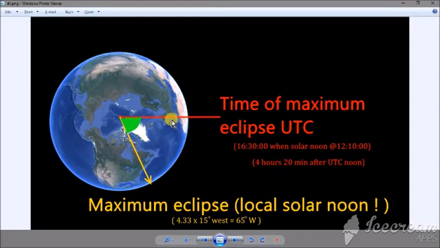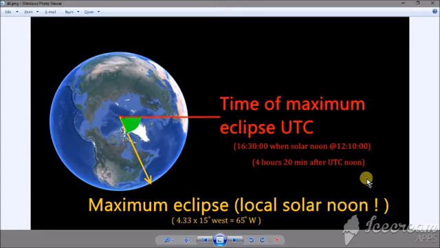That means the Earth rotated by this much: 4.33 hours multiplied by 15 degrees, and that's west, so that's 65 west. So this is the angle, and here is going to be the maximum solar eclipse.